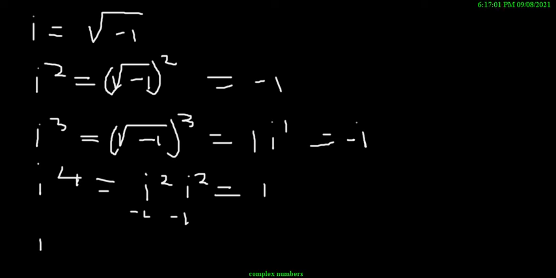Let's try i to the power 5, which would be i to the power 4 times i to the power 1. So it should be 1 times i, which is simply i.